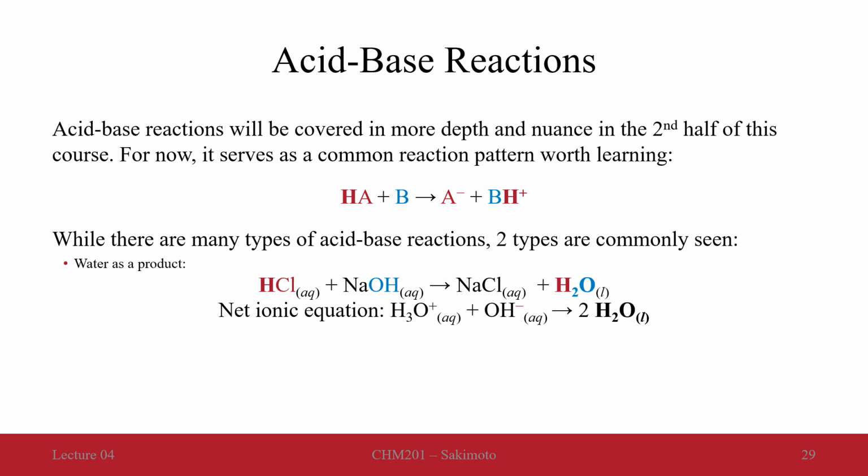The net ionic equation, the repeating pattern that we see, is really this transference of the H+, in this case from our hydronium ion to our OH-, giving us water as our main product there. Whether it's HCl or HBr or HI, any other type of hydrogen halide acid, they all follow the same repeating pattern of an H+ transferred to OH-.